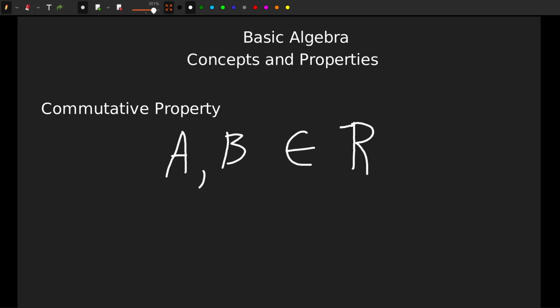You don't need to understand this entirely, but basically this backwards E stands for exists. And then this weird looking R stands for the real number set. You don't need to understand that, but we're just going to assume that these two numbers, a and b, are real numbers.